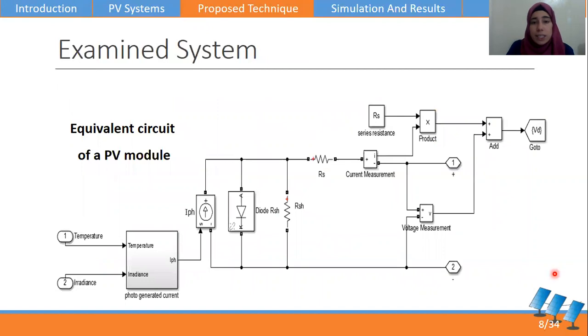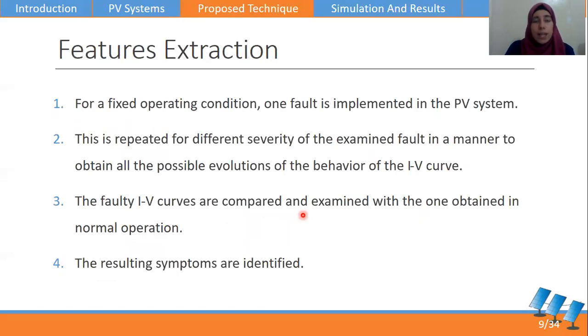This is the equivalent circuit of a PV module simulated in MATLAB Simulink, which is composed of a current-generated source, a parallel diode, and a series resistance and parallel resistance.